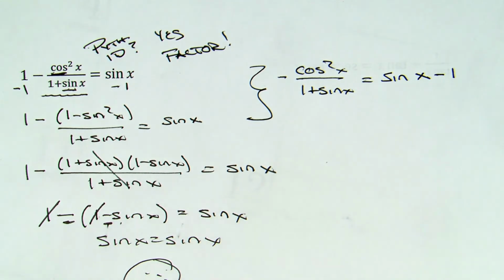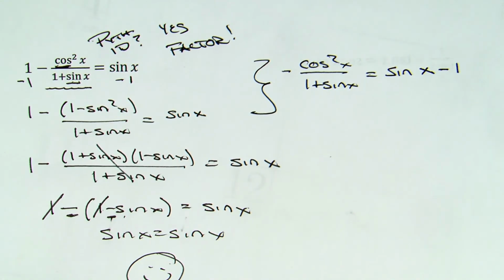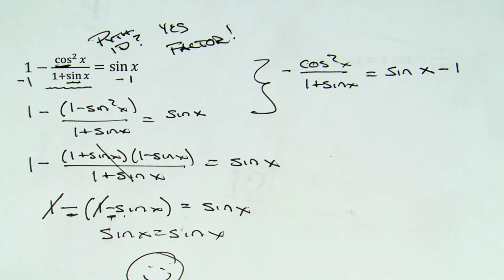You'll still eventually get to the place where they're both exactly the same. The difference is instead of both being equal to sine x, more than likely they're both going to be sine x minus 1. So you'll still get there. You'll just have different steps moving along the way. How's everybody doing thus far? Making sense?